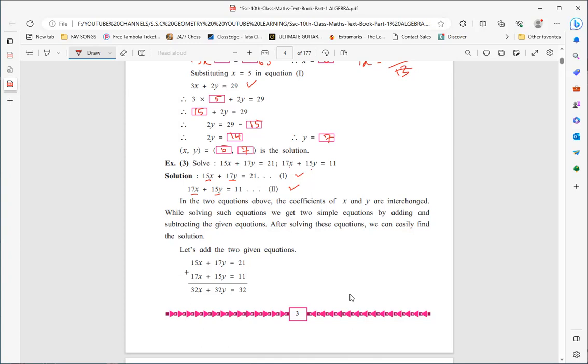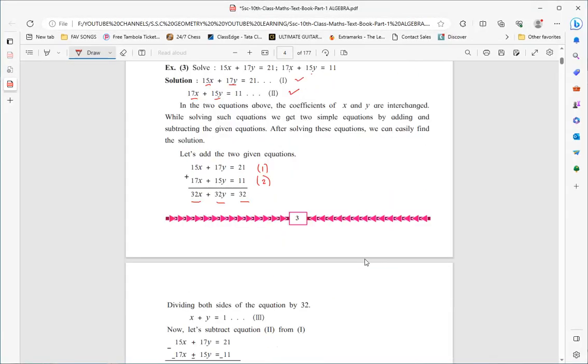By adding both the equations, the first equation is 15x plus 17y equal to 21, and this is your second equation. We are adding both. So 21 plus 11 is 32, 17 plus 15 is 32y, and 17 plus 15 again 32x. So you take 32 common.